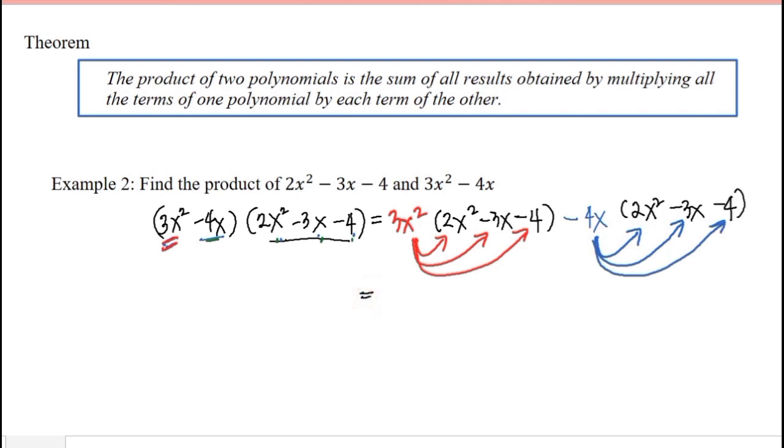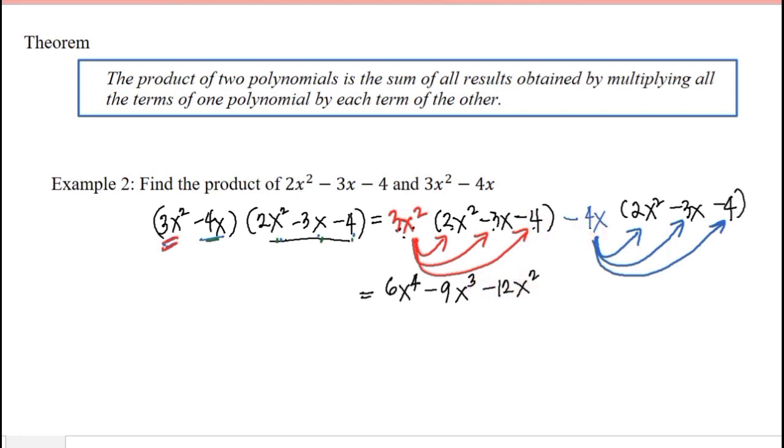Now for the first term, we have 3x squared times 2x squared, so that's 6x to the 4th, and 3 times negative 3, that's negative 9, x squared times x, so just add the exponents, and that's x cubed. 3 times negative 4 is negative 12, and that's x squared.